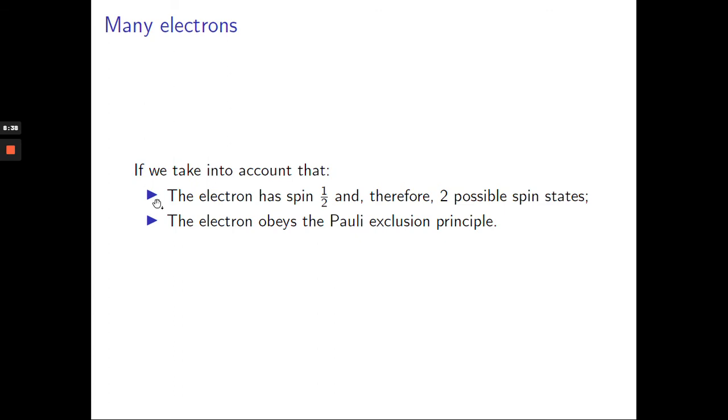And again, we have to remember that the electron obeys the Pauli exclusion principle, which means that we cannot have two electrons in the same quantum state.